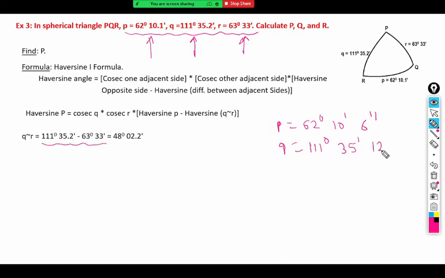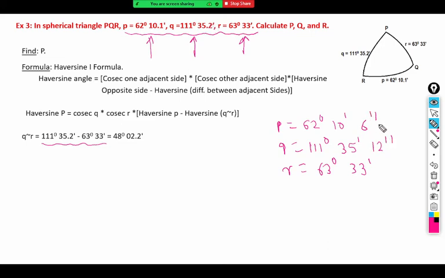So is it 12? Yes, sir. And small r is 63 degree, 33 minutes, it is direct there, there is not an issue. So whenever there is point minutes, like 0.1 minute, 0.2 minutes, we are just multiplying by 60 there. If you multiply by 60, we get seconds there.